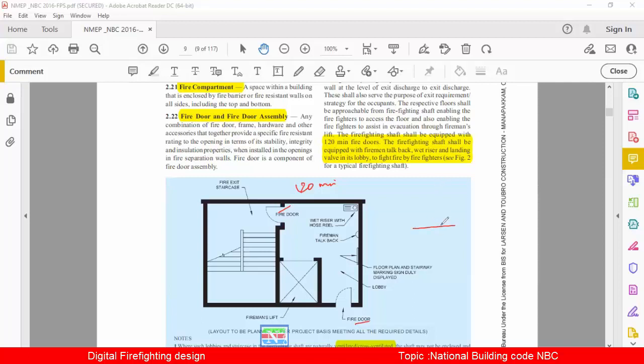If it is something like this, it is called double leaf. Door, 120 minutes, sir? Yes, 120 minutes. All fire rated doors also need to have 120 minutes.